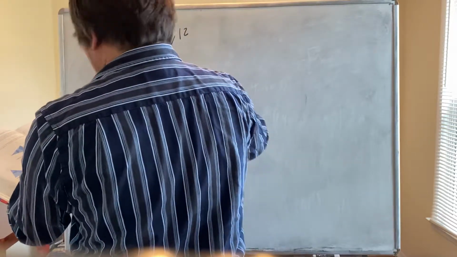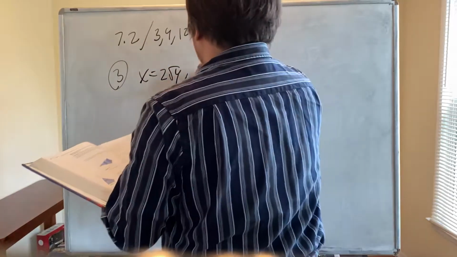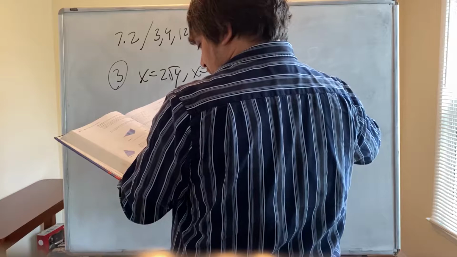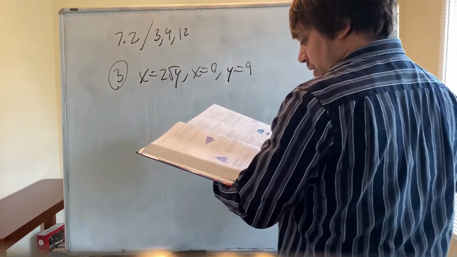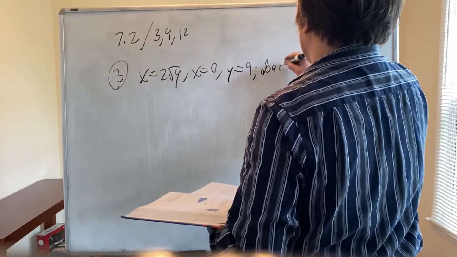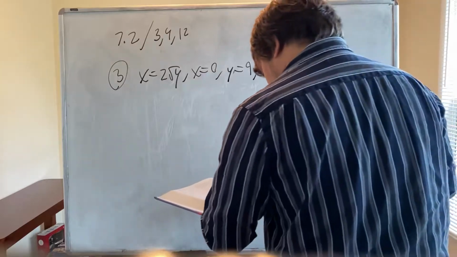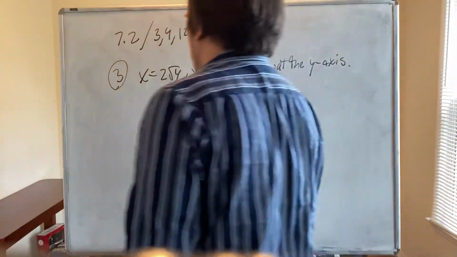The curves are x equals 2 square root of y, x equals 0, y equals 9, about the y-axis. Okay, so let's do that.